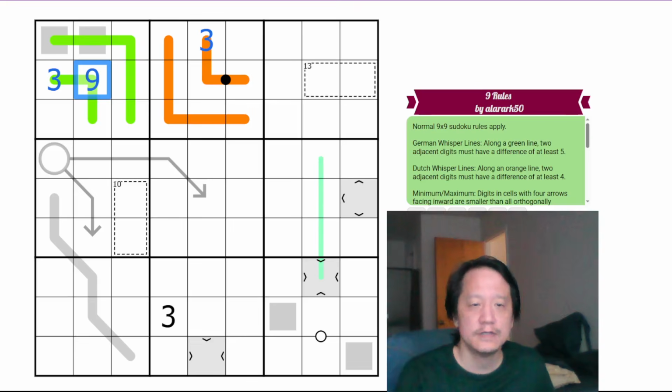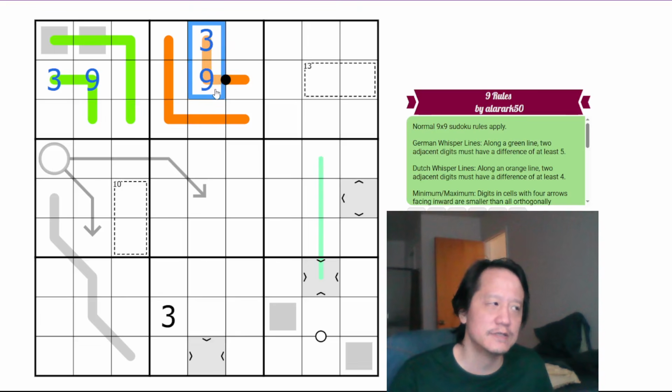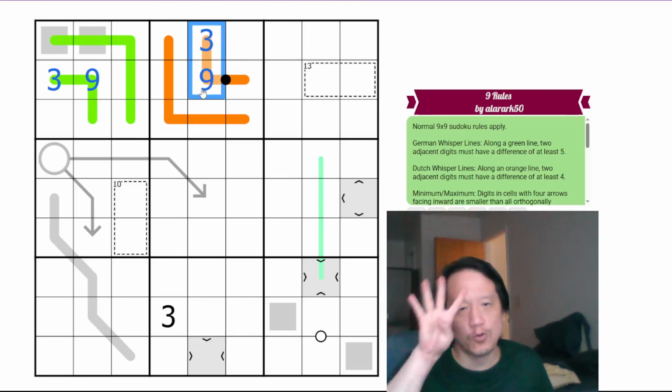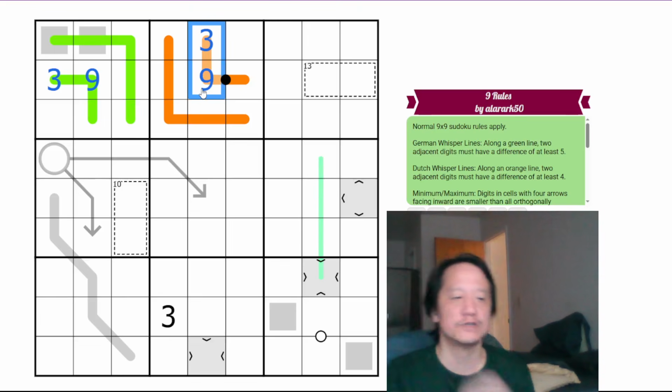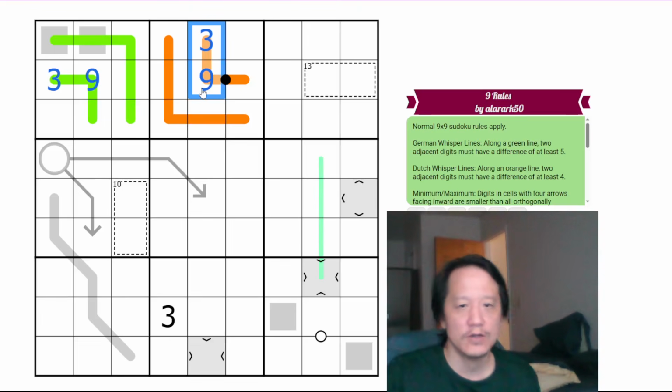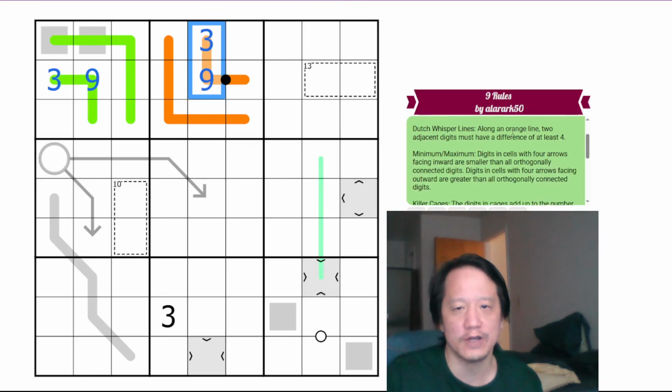And this digit would have to be 7, 8, or 9, because the digits that are 4 or more apart from 3 are 7, 8, and 9. So that's an example of how whisper 5 or whisper 4 lines work.